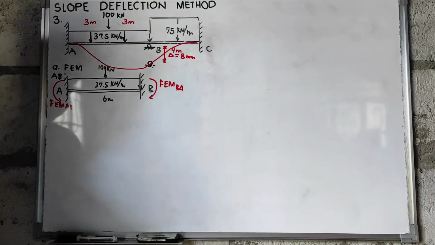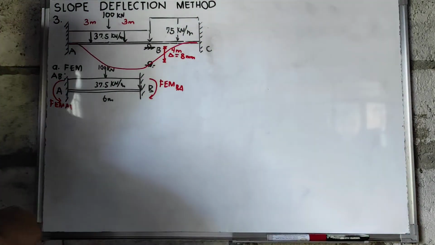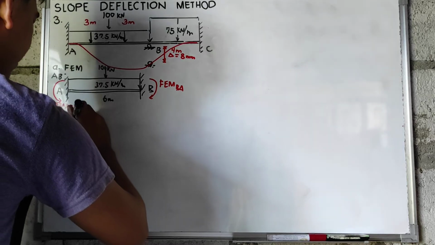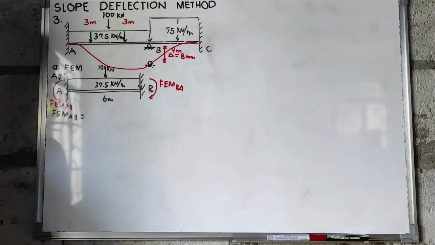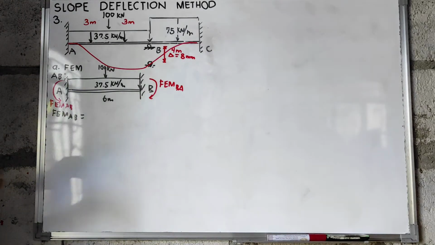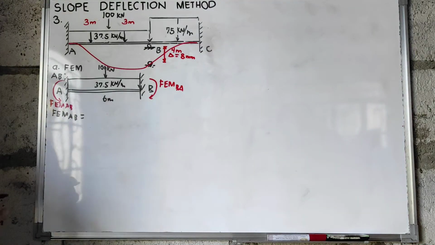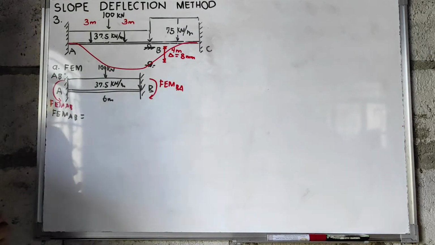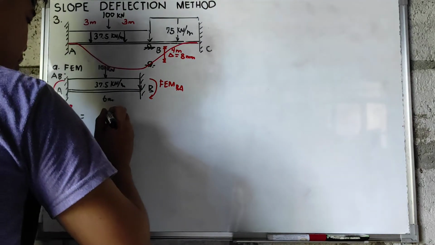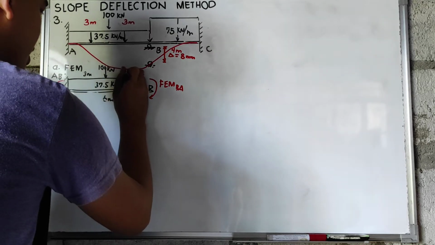Let us calculate first for the value of your FEM-AB. FEM-AB is equal to, since nasa gitna yan, we can use yung formula natin na PL over 8. Pero kung hindi nyo alam yung formula na yon, we can also use yung formula natin for the concentrated load na Pab squared over L squared. Meron tayong distance dito na 3 meter, tapos sa taas 3 meter.